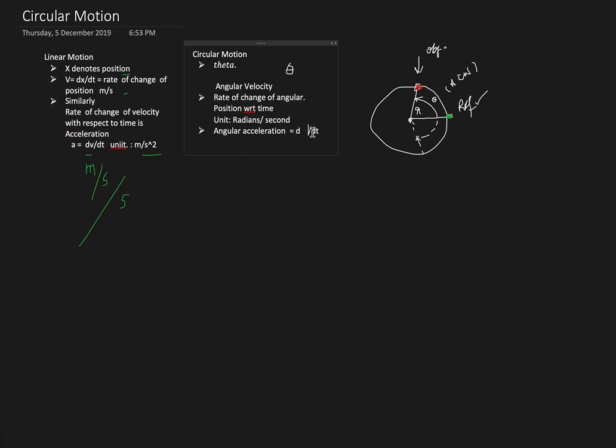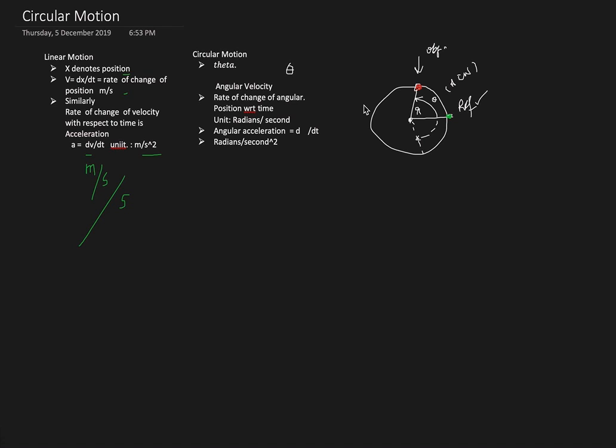It will be the rate of change of angular velocity with respect to time. And what will be the units? The units will be the rate of change of radians per second per second, radians per second square. All right.